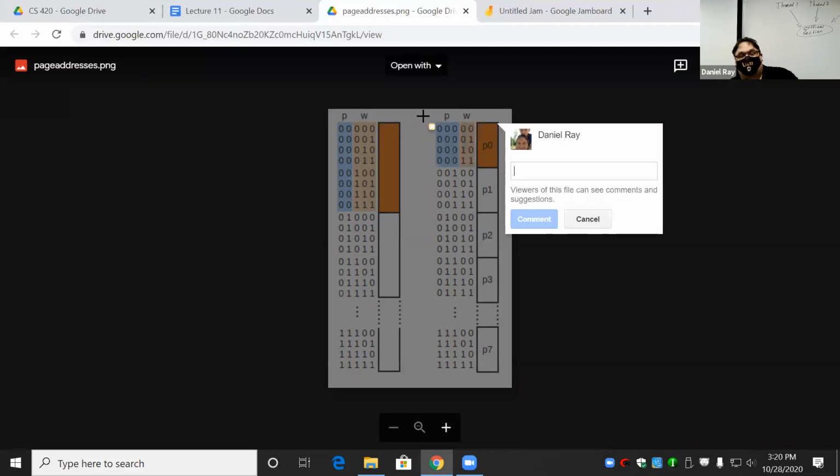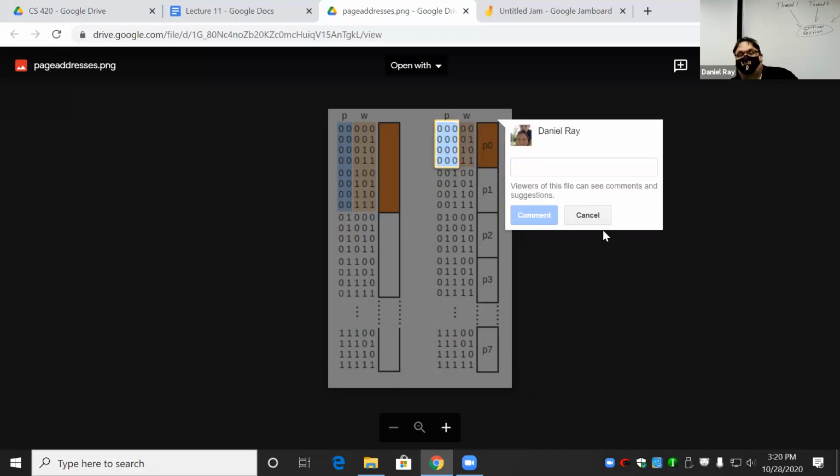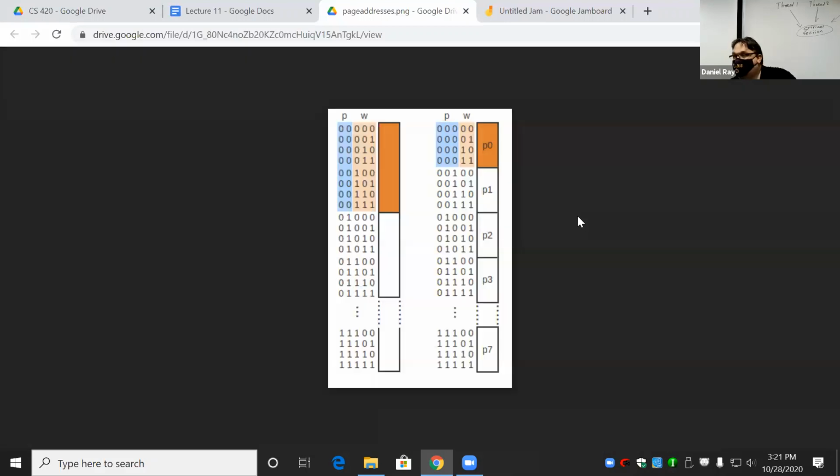Then the remaining 3 bits of the address are the page number, okay? And with 3 bits, I can get 8 page numbers, or 8 pages. 1, 2, 3, 4, 5, 6, 7, right here. That's a total of 8.